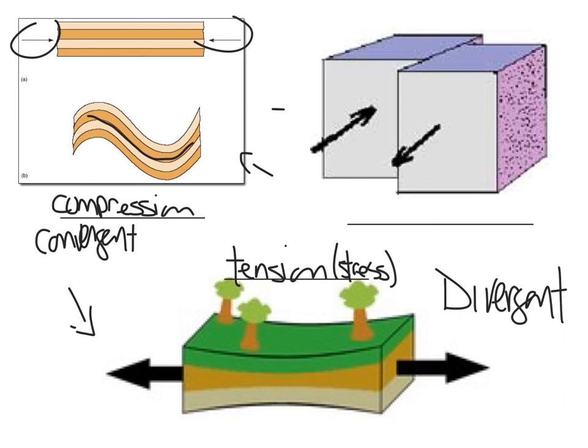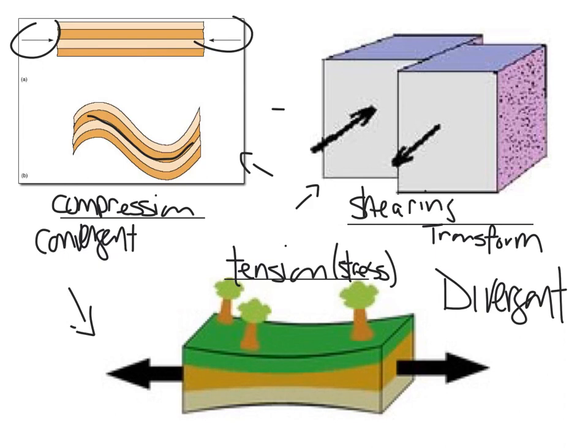And then over here we have a transform boundary. You see them sliding side by side. Well, the stress that's involved here is called shearing.